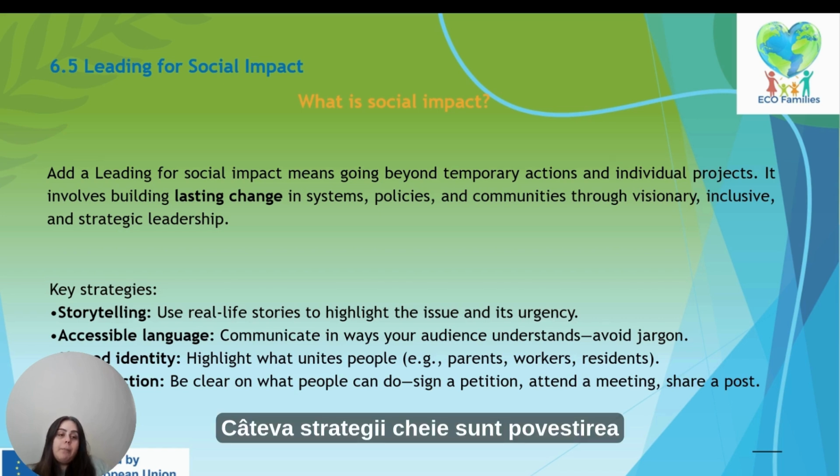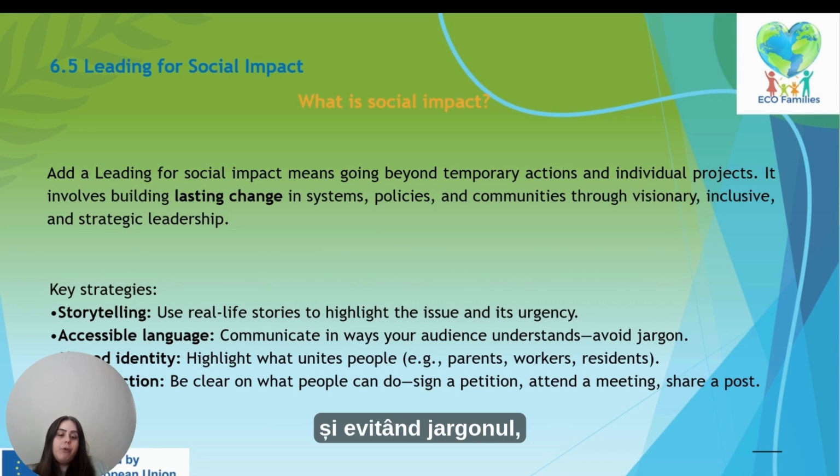Some key strategies are storytelling, to highlight real experiences, accessible language to avoid jargon, shared identity to emphasize what unites people, and always include a clear call to action. Tell people exactly what they can do to help.